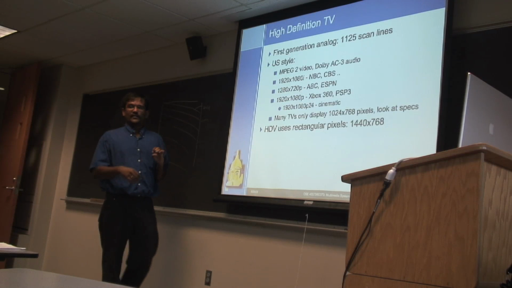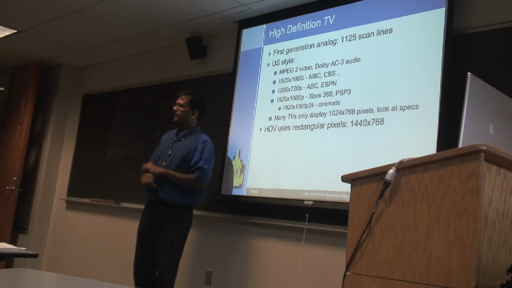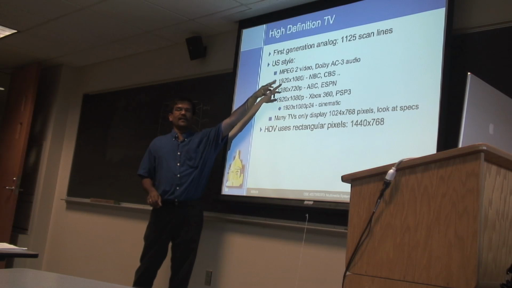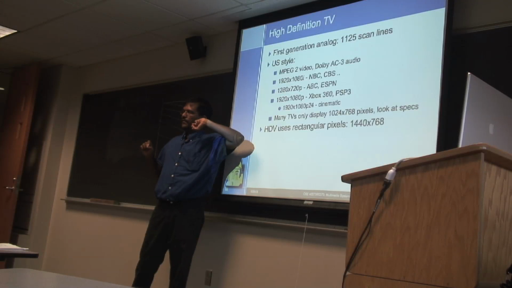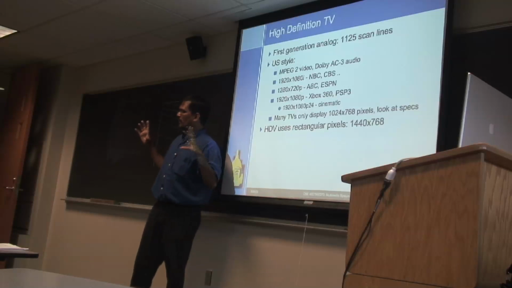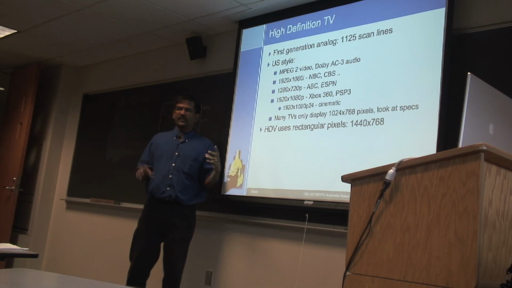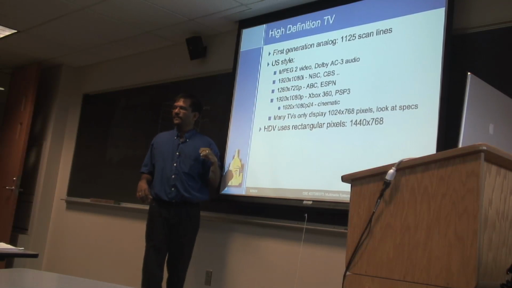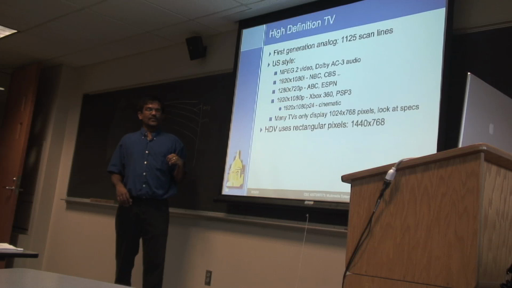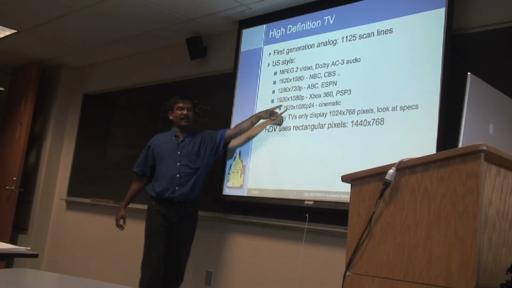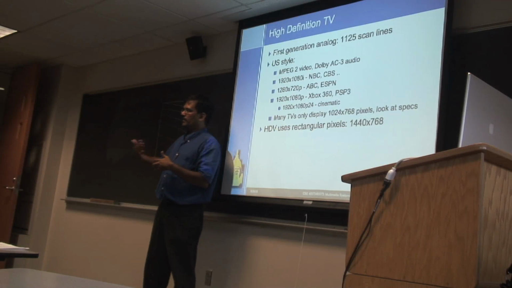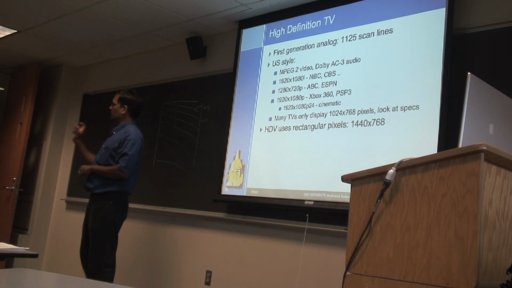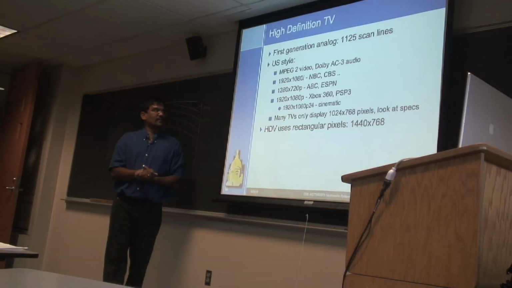So ESPN naturally chose the P format, and your ABC and CBS chose this format. This format will have a lot more detail if you don't have things moving really fast, right? So if you're having movies, you would tend to like this one over this one. There is another format which is the 1920 by 1080p, which is actually doing progressive at this rate, right? Unfortunately, you cannot broadcast that much bit rate through the channels you would have.